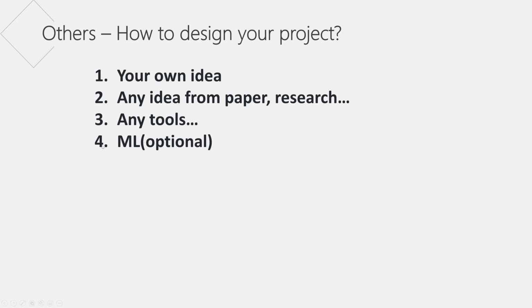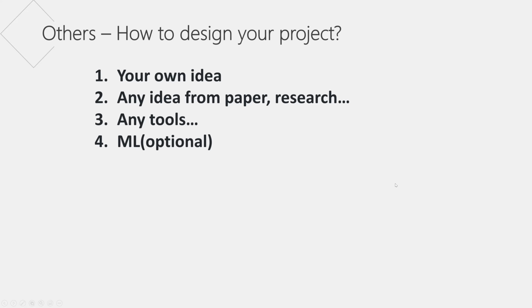And the fourth one is you can use a machine learning model to design this project, but it's not necessary. If you can do the machine learning part, that would be good because machine learning has a very high chance to give you very good performance and accuracy.